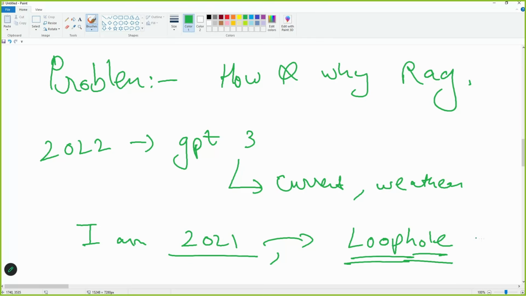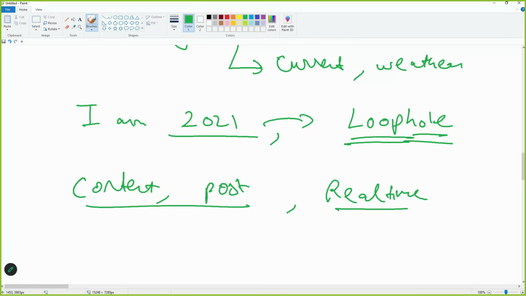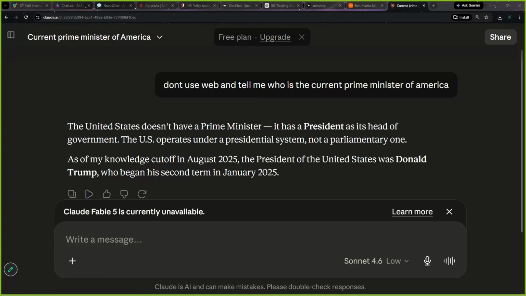We can only use it for generating that content, right? Writing Instagram posts or LinkedIn posts for all those tasks people were using it earlier, but we cannot get real-time information, which is a very big problem with large language model and the need for RAG. The question which I have sent here is, don't use web and tell me who is the current prime minister of America.